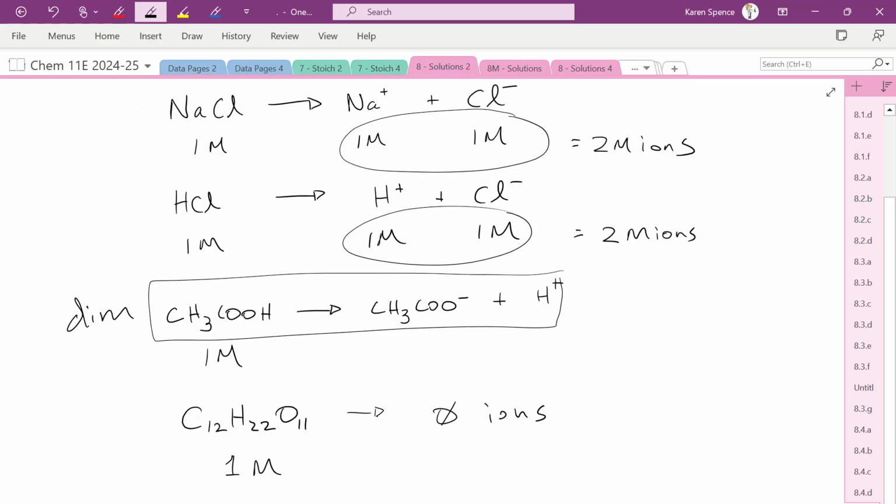It dissociates less. So what's going to happen is you're going to get only partial dissociation. So if you have like 1,000 particles of CH3COOH, 900 of them are going to stay together, undissociated, and maybe only 100 of them are going to split apart.